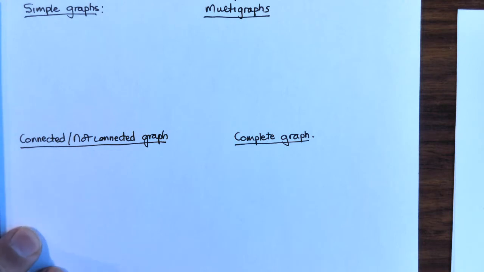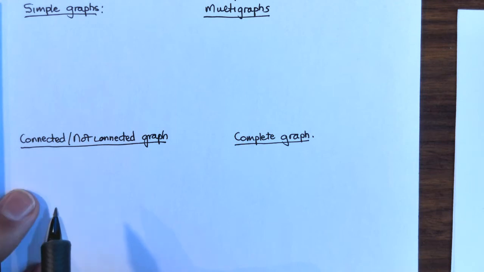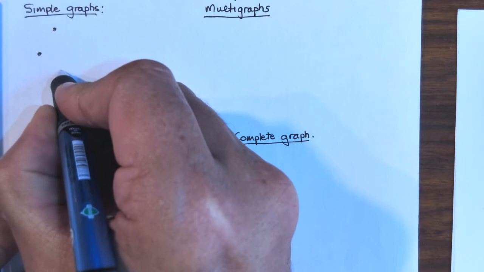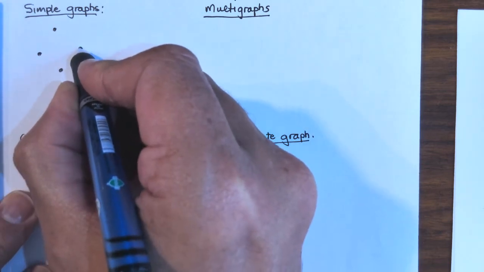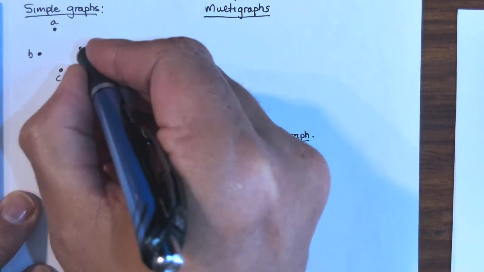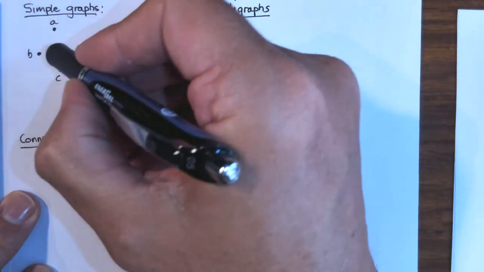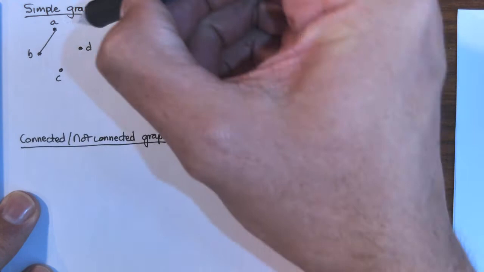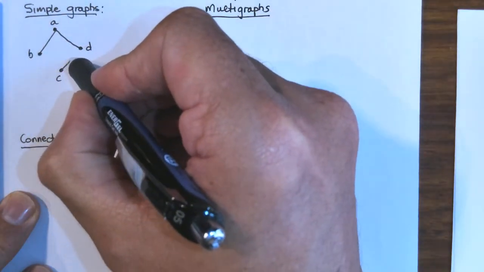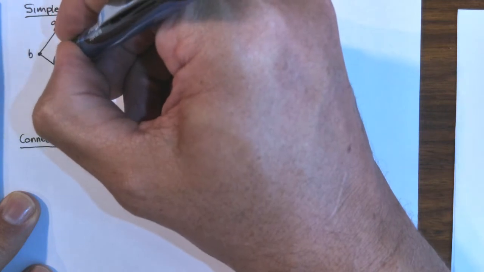So what are we talking about if we talk about a simple graph in graph theory? Well, an example of a simple graph would be: there are 4 vertices, A, B, C, D, and each vertex is connected to another vertex by a single edge.